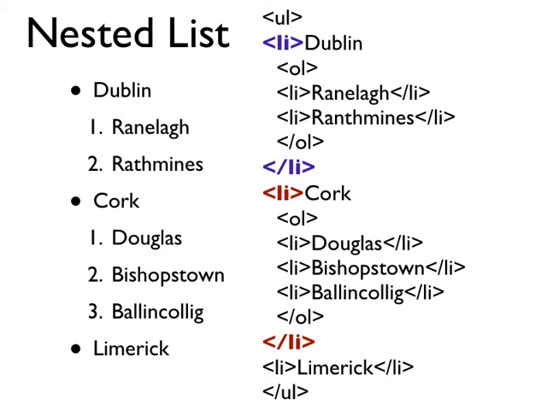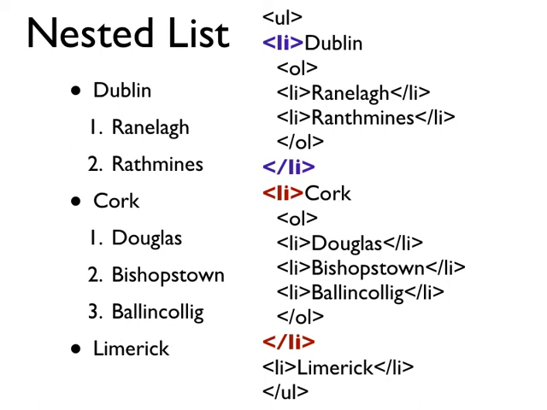So here we have Dublin, Cork, and Limerick. So there are 3 things in our list. But inside Dublin, we also have Ranelagh and Rathmines. And in Cork, we have Douglas, Bishopstown, and Ballincollig, and Limerick is on its own there.